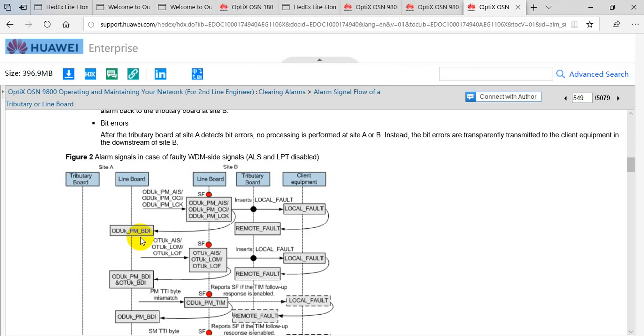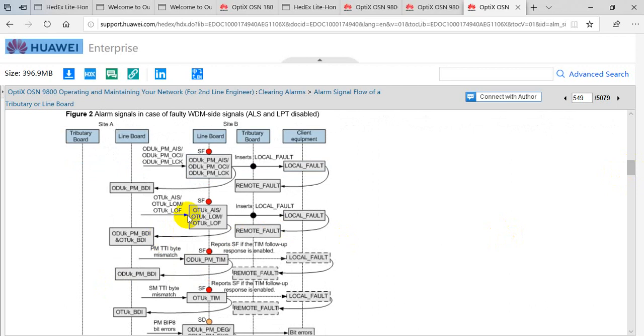So if there are different operators, there are a lot of TCM byte groups, TCM1 to TCM6, which are used. In terms of OTU signal failure, information goes back as a BDI at the OTU layer.